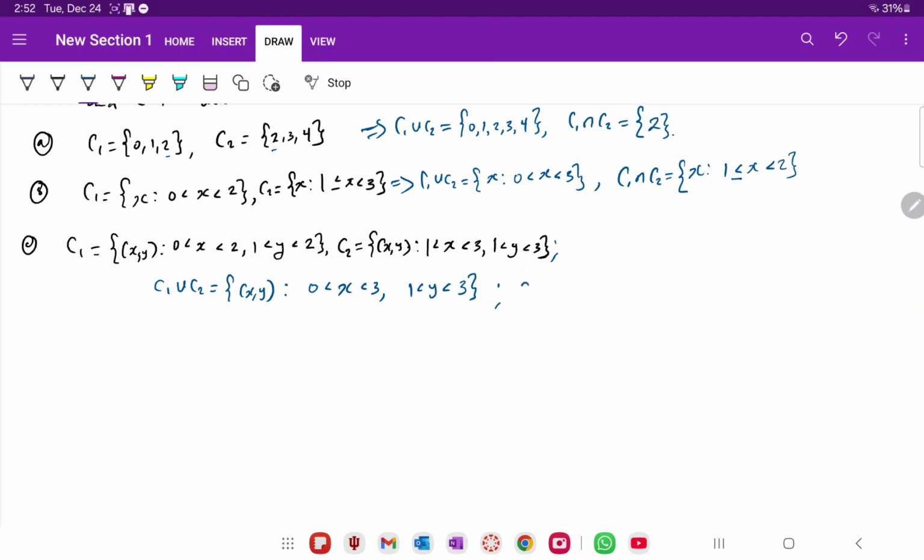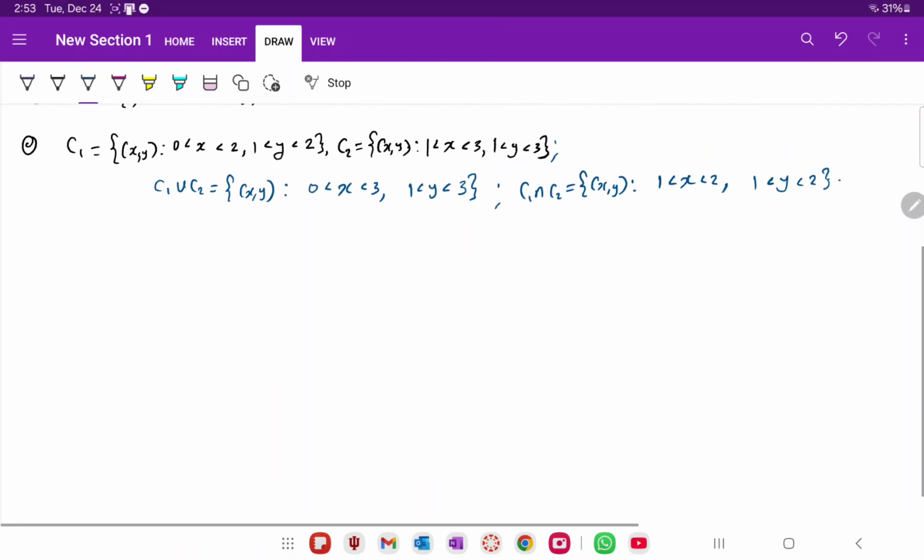So then the intersection: x is 0 to 2 and 1 to 3, so we are going to have from 1, because this does not contain 0, 1 to 2, and for y, 1 to 2 and 1 to 3, we are going to have 1 to 2. Alright, this is very simple.